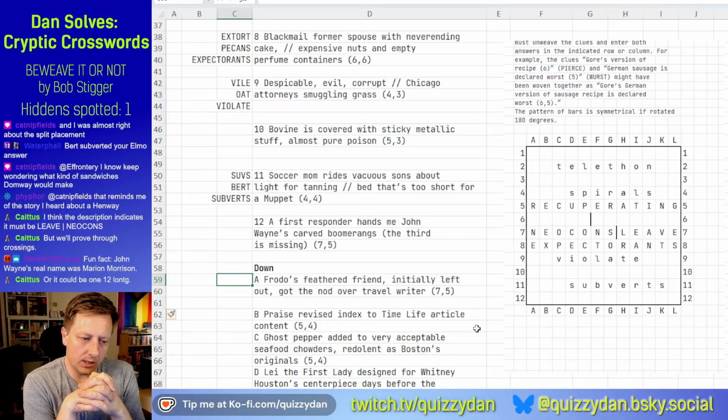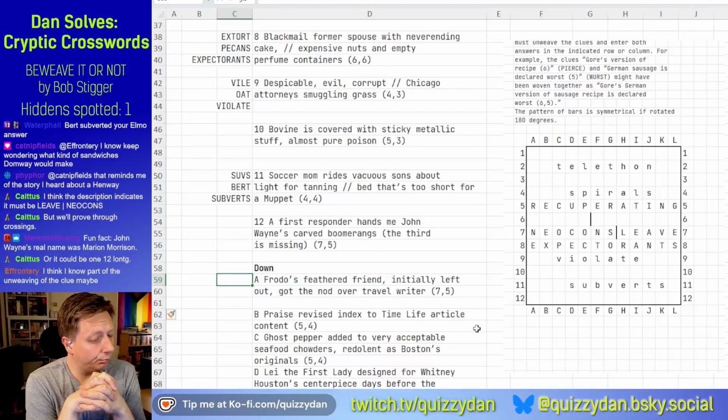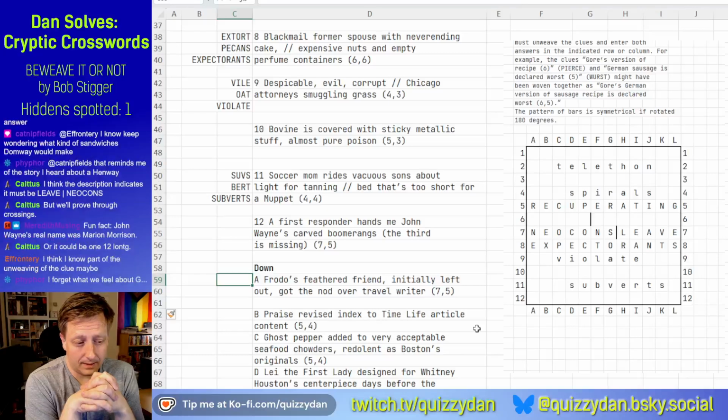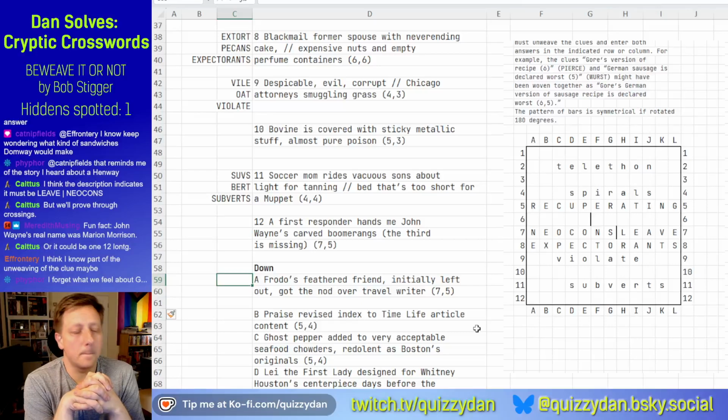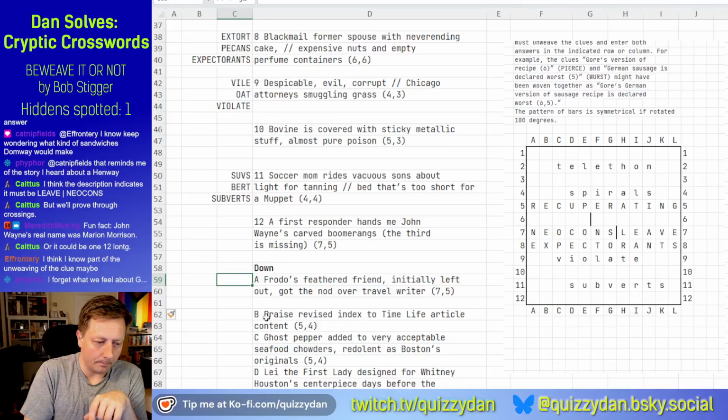I'm not spotting everything. Frodo's feathered friend would possibly be an eagle. Okay. Or if it's Frodo, the definition's like hobbit and a feathered friend minus the first letter. Got the nod over travel writer. No, going to come back to that one.